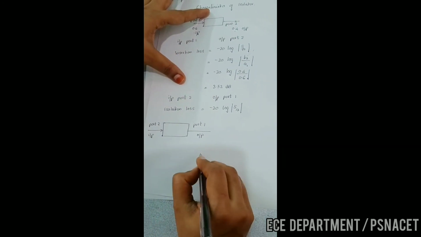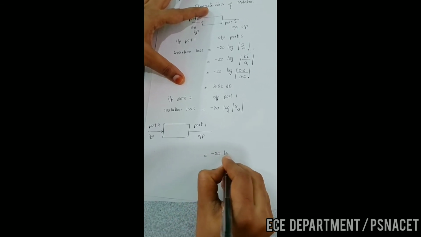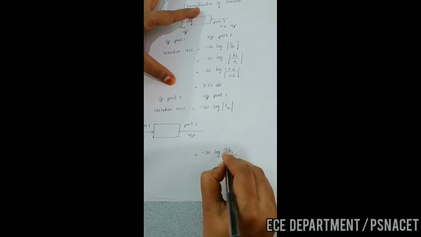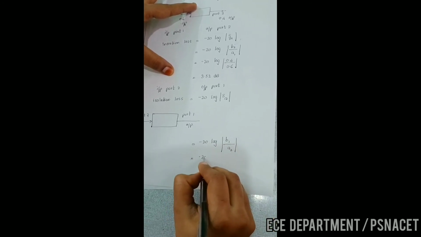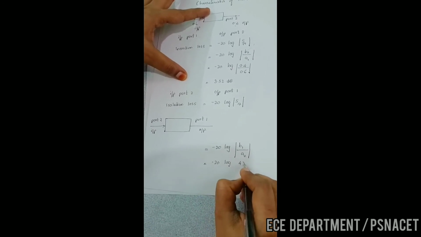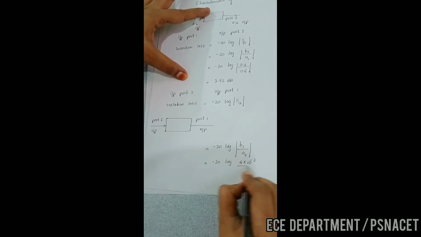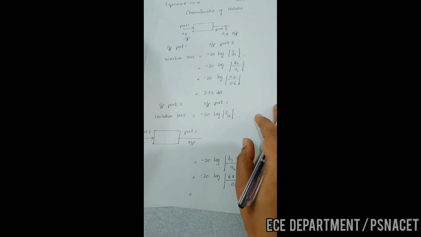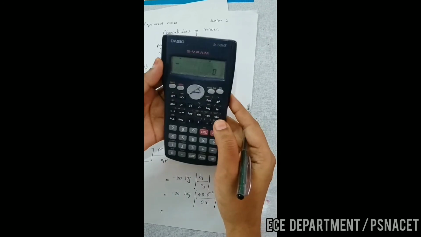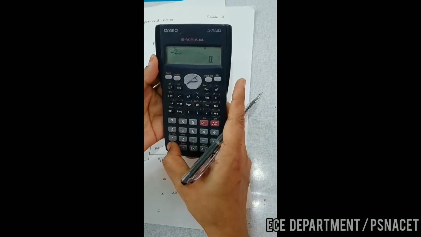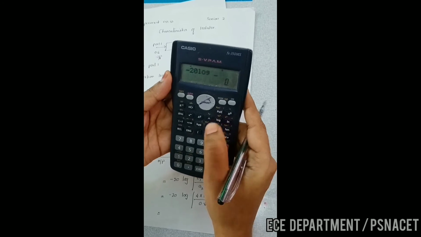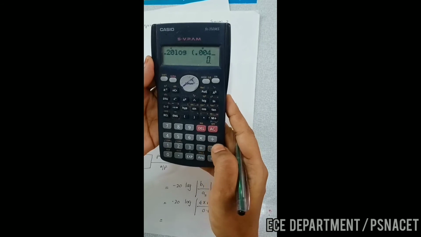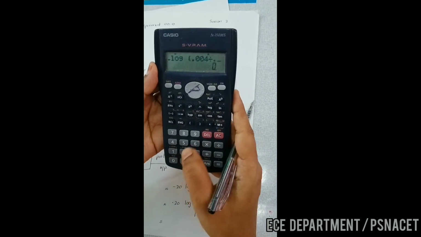Now isolation loss is equal to minus 20 log output divided by input, that is B1 divided by A2. That is equal to minus 20 log 4 into 10 power minus 3 divided by 0.6. We will put this value in the calculator and see what isolation is provided by this isolator. 0.004 because it is in milli, divided by 0.6.